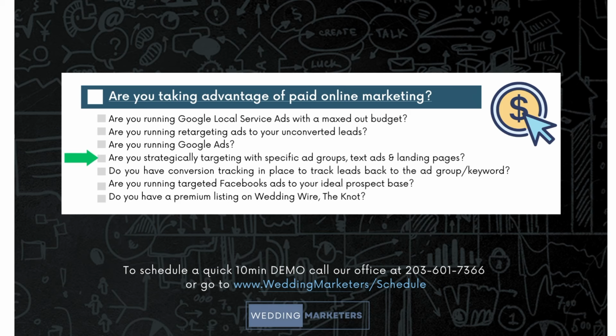Are you strategically targeting with specific ad groups, text ads, and landing pages? Just be careful that the keywords you are spending money on are keywords that are actually going to convert to business. As an example, if you're a lawyer, there are keywords that cost $10,000 to $15,000 per click on Google.